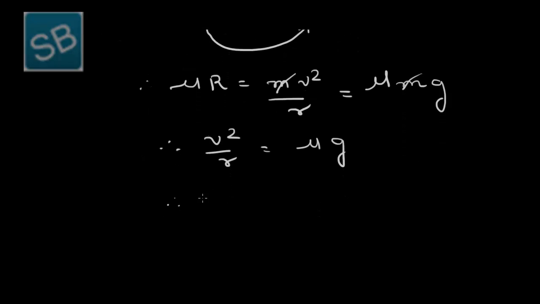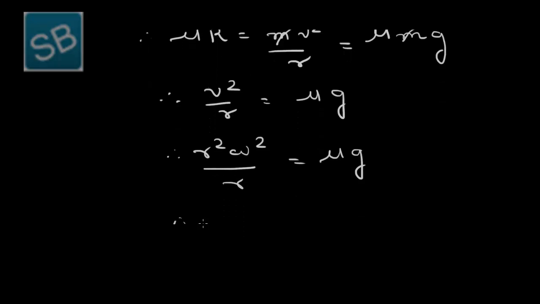Now the value of v is r omega. So v square is equal to r square omega square. And therefore if I make omega square the subject, omega square is equal to mu g over r, because this r is cancelled in the numerator.